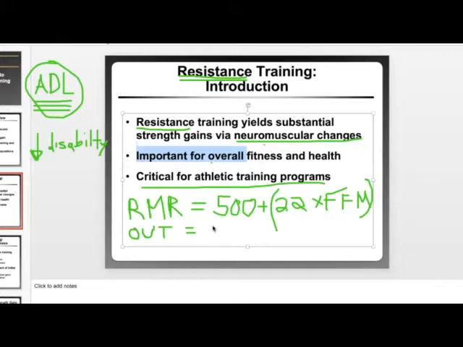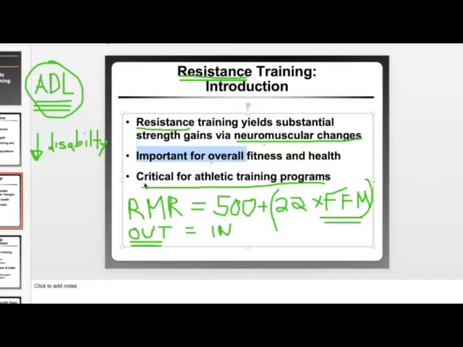So if we're trying to balance this energy in and energy out equation, rather than having individuals do lots of endurance training like on a treadmill, this equation here says the amount of energy that I spend on a regular basis is correlated with the amount of muscle mass that I have.